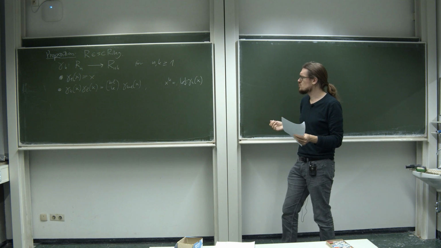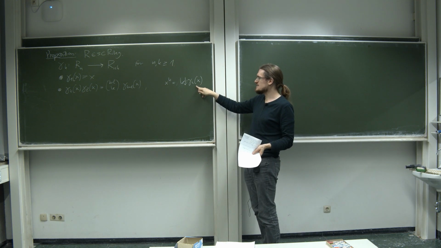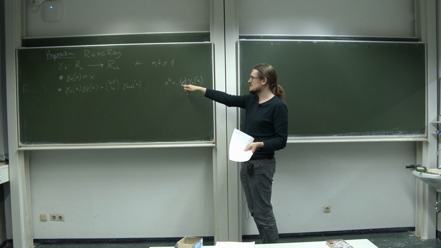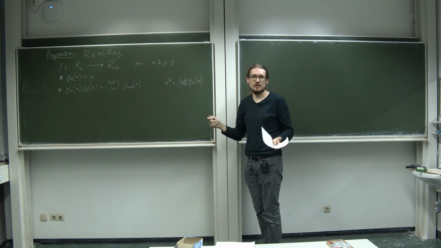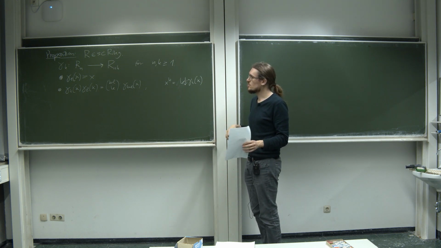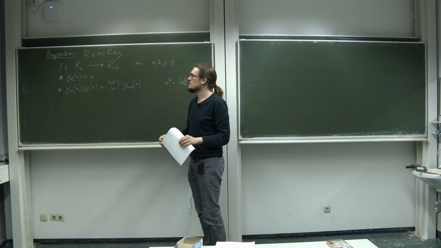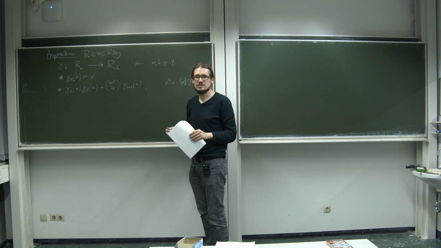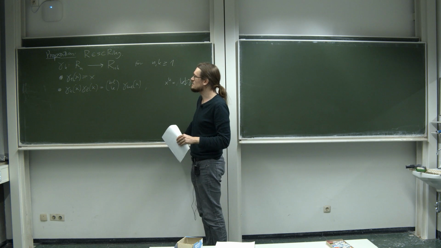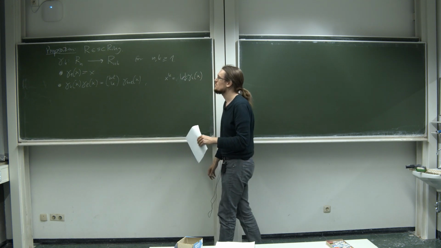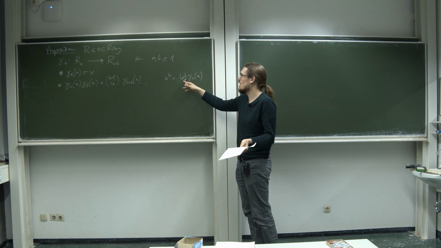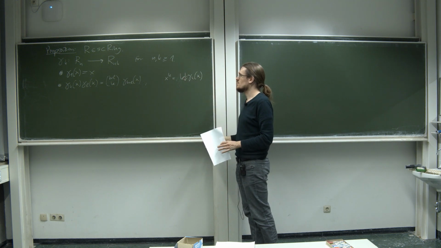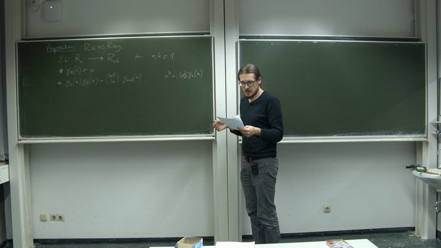So in some sense, you should think of this element as being something like x to the k divided by k factorial, although if R is not, say, of characteristic 0, in some sense, if it doesn't embed into its rationalization, then of course you can't really make sense of that in any other way.